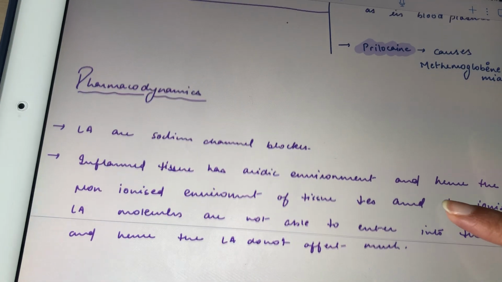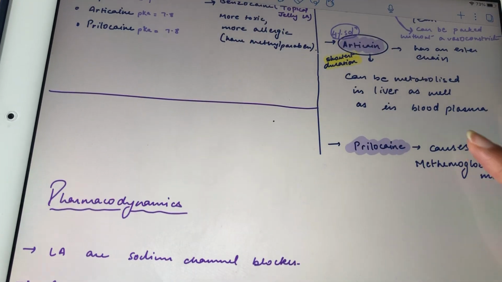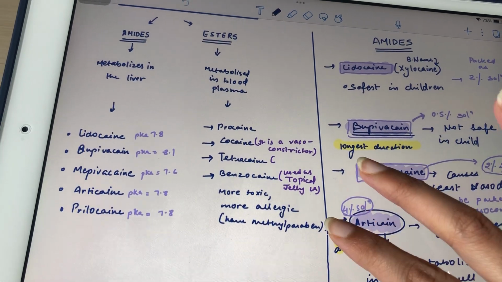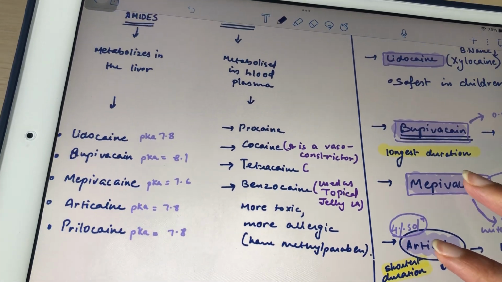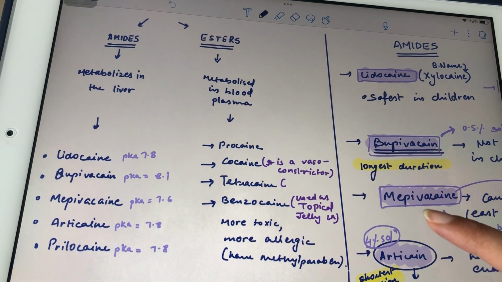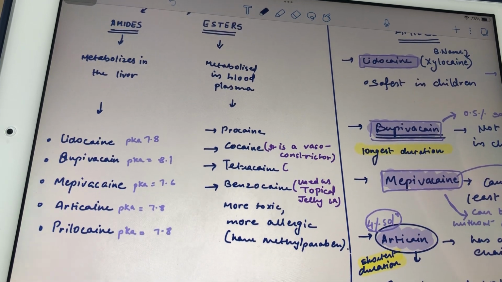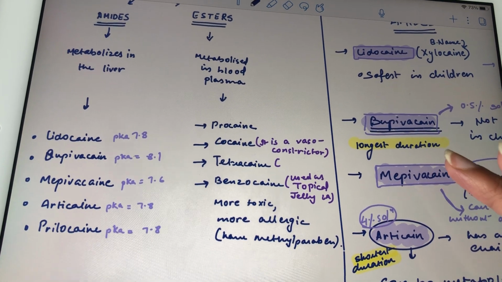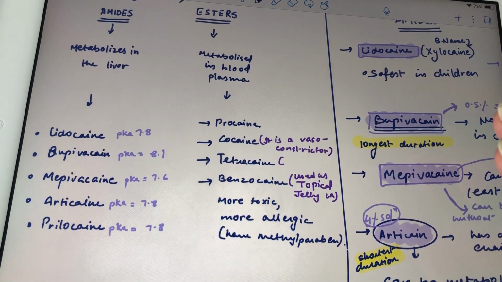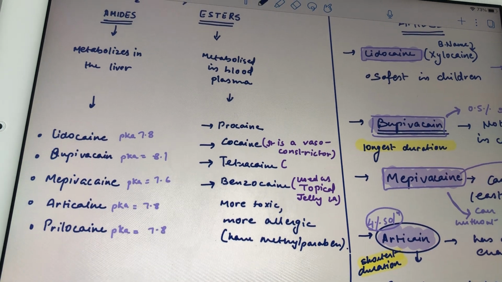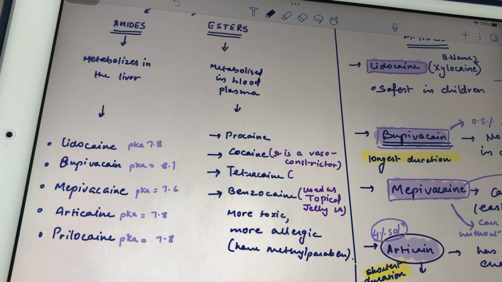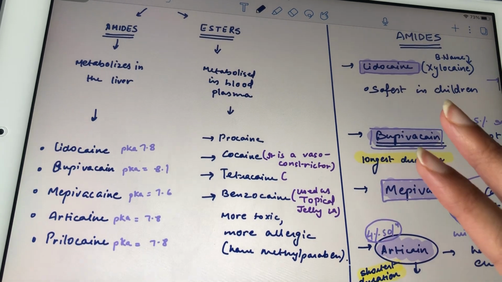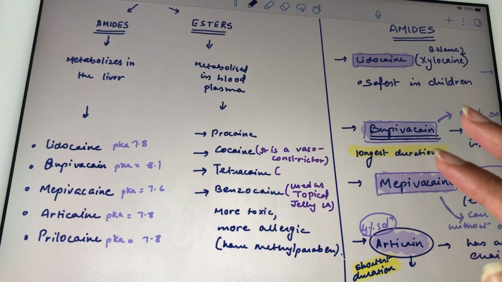Now comes the pharmacodynamics. Before that, let's see a little bit about the esters as well. Esters, as I have already discussed, are procaine, cocaine, tetracaine, benzocaine. Cocaine is a vasoconstrictor, so it does not require a vasoconstrictor at all.